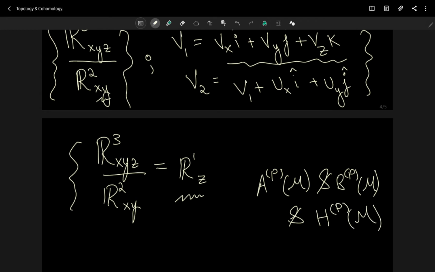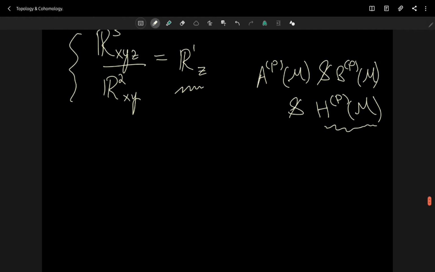So the dimensions of these are not so obvious. However, the dimensions of this thing, which are also called the dimensions of H P, the P-th cohomology of your M.